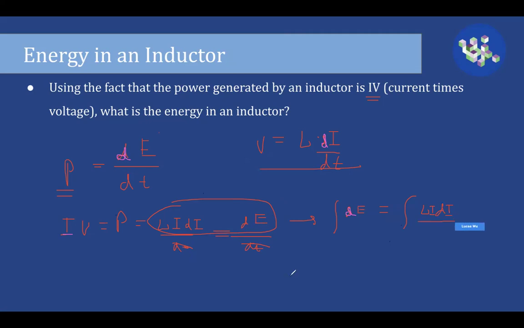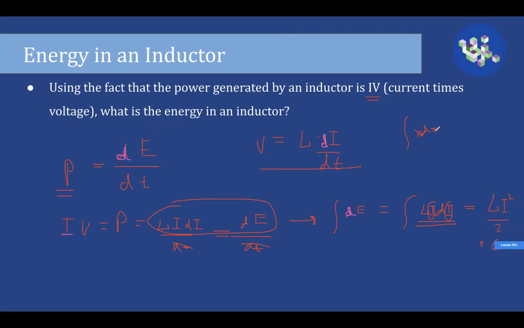You might think that we can't find the integral of L i di, but if you think of I as just a variable, and we have d of that variable, it's the same as doing the integral of x dx, because I here is just a dummy variable. We can name it anything else, like a or b. This integral is just equal to L i squared over 2, plus some constant.